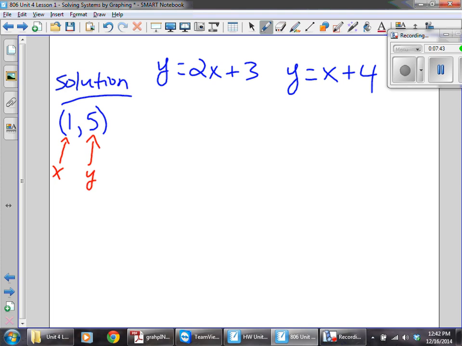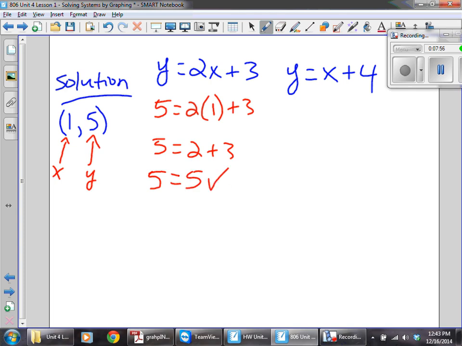I substitute that into both of these equations. 5 equals 2 times 1 plus 3. 5 equals 2 plus 3. 5 equals 5. Check. 5 equals 1 plus 4. 5 equals 5. Check. Works for both of them. That means this is a solution.